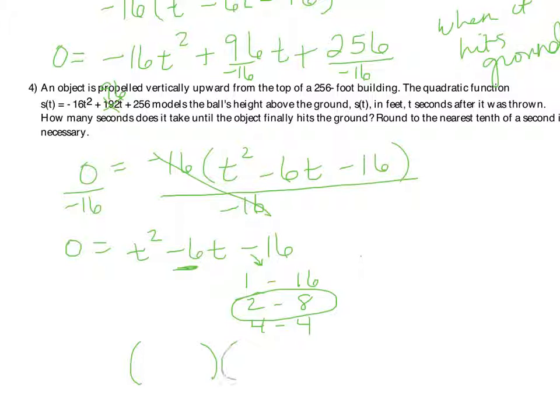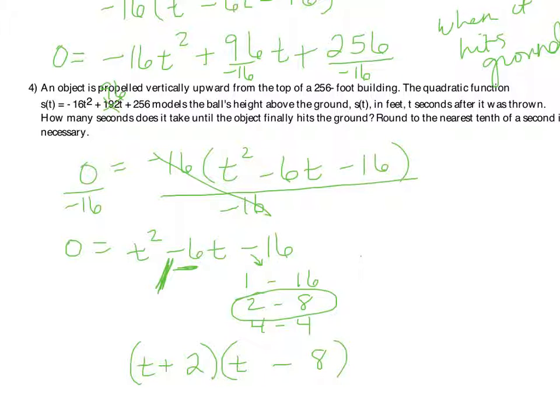So that's what goes in your parentheses. I know I've got a t here and here. I know I have a 2 and an 8. You just have to figure out which one's negative and which one's positive. If I want negative 6, that means negative goes with my big one. So positive 2 and a negative 8 gives me negative 6.